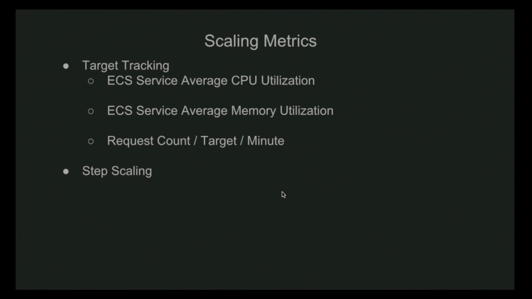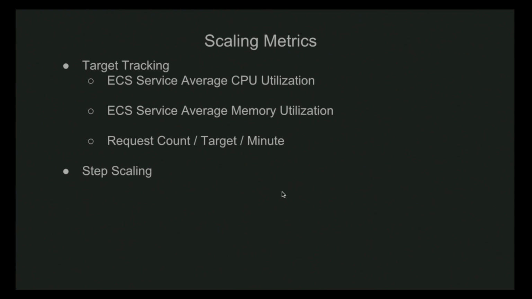Every so often, you're going to check to see where you are. If you're not where you need to be, you add a larger number of resources, basically containers, and reevaluate in another period of time. So for a more dynamic traffic pattern, target tracking makes sense.